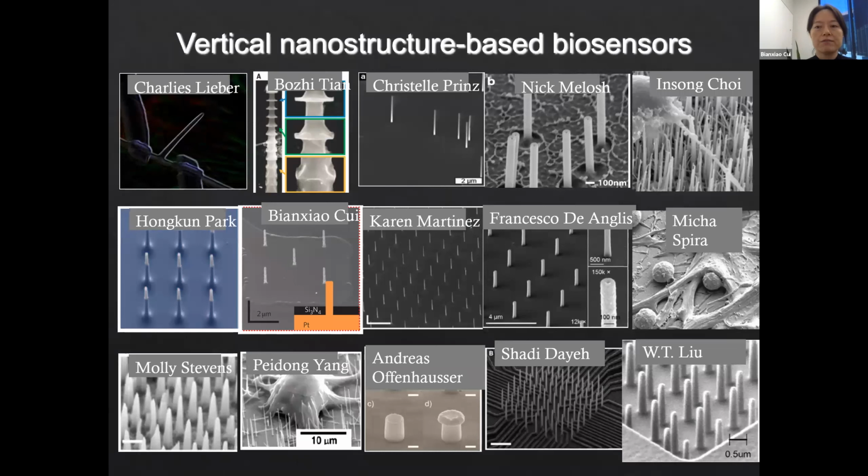This is a rather large field, particularly in mechanobiology and biomedical engineering. The examples I gave are certainly not an exhaustive list. Those are the groups mostly working on nanostructure sensors, particularly the vertical nanostructure sensors I'm going to talk about today.